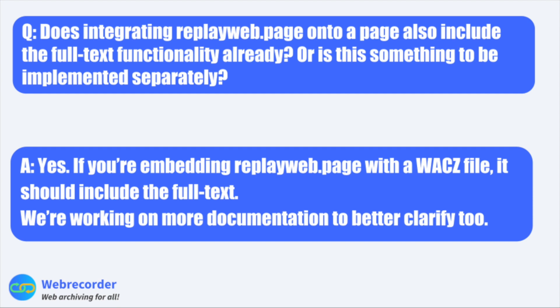If you're converting older WARC files into WACZ, such as using the Python WACZ tool, then there's an option to extract the text as you go along. And of course, if you're just using Replayweb.page with WARC files without converting them to WACZ, then you won't get the full text. So the simplest way is if you create a new archive using the extension, then you should have full text search.